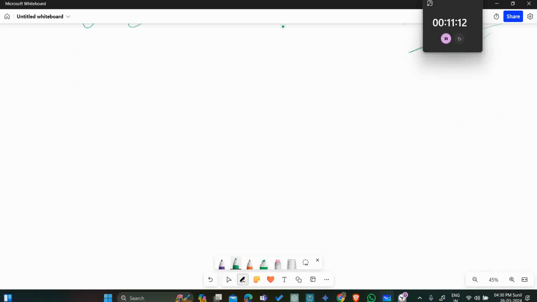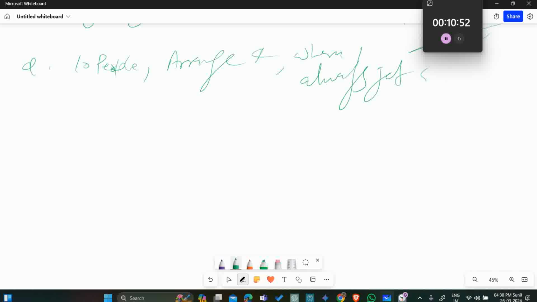Next question is: 10 people, arrange 4 where 1 always gets selected. So there are 4 chairs here.